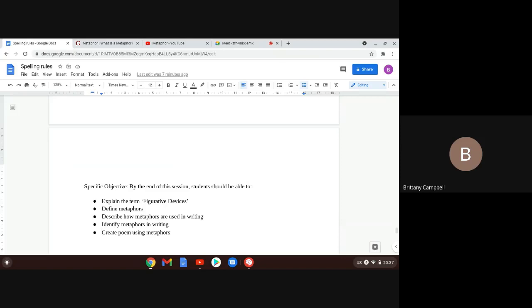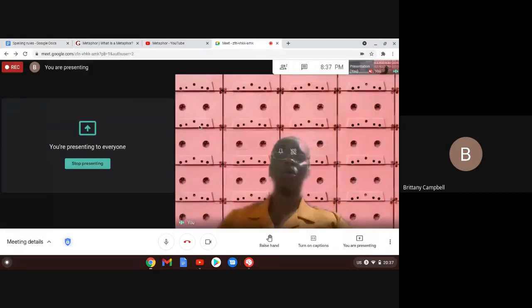And you should be able to describe how metaphors are used in writing, identify metaphors in writing, and finally create a poem using metaphors. So those are our specific objectives.